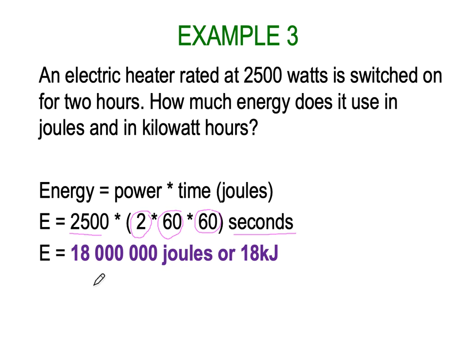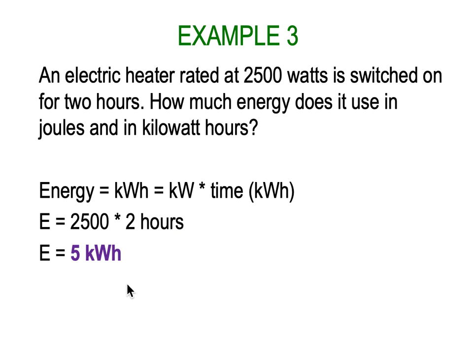And we end up with a lot of joules. So it's 18,000,000 joules. So 18 megajoules, or we could have called it 18,000 kilojoules, would have been just as effective.